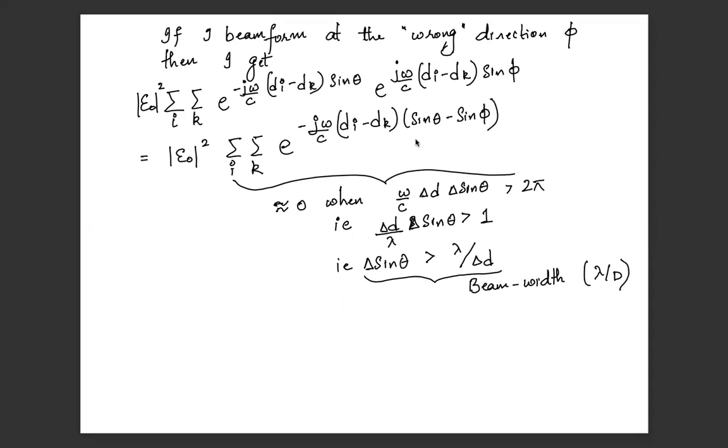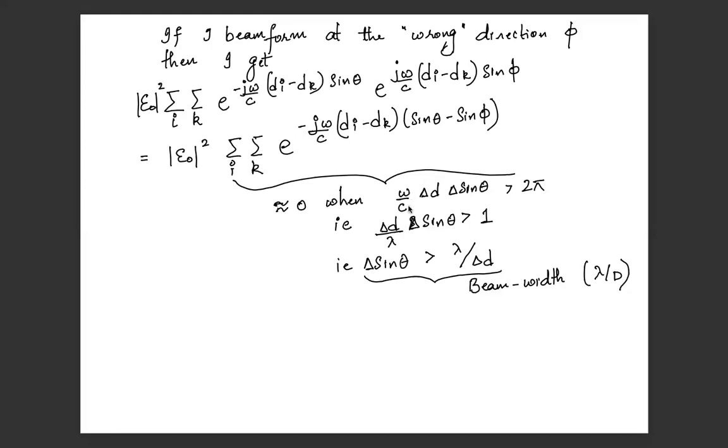So let's see when this will average down to a value very close to 0. For this to happen, the range of angles which enter the complex exponent should be larger than 2 pi. That's when you get a truly random averaging of all the complex vectors. So let's see what that looks like.